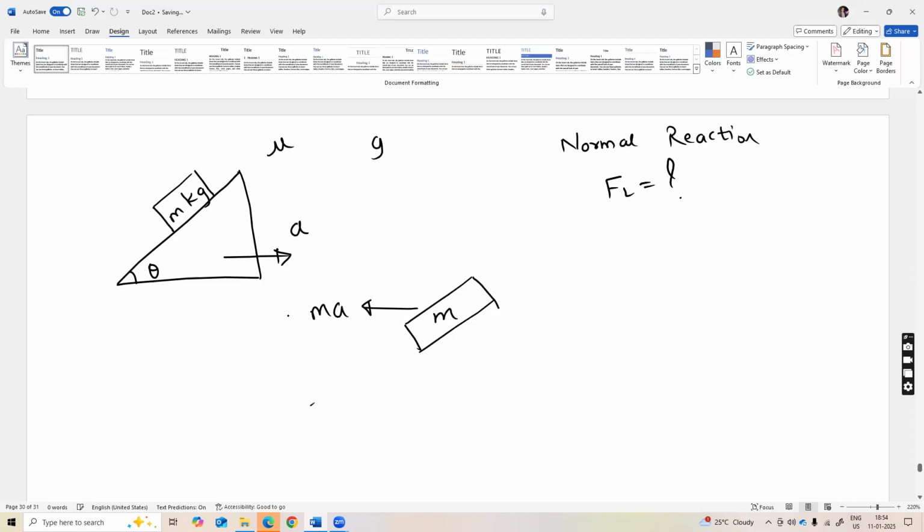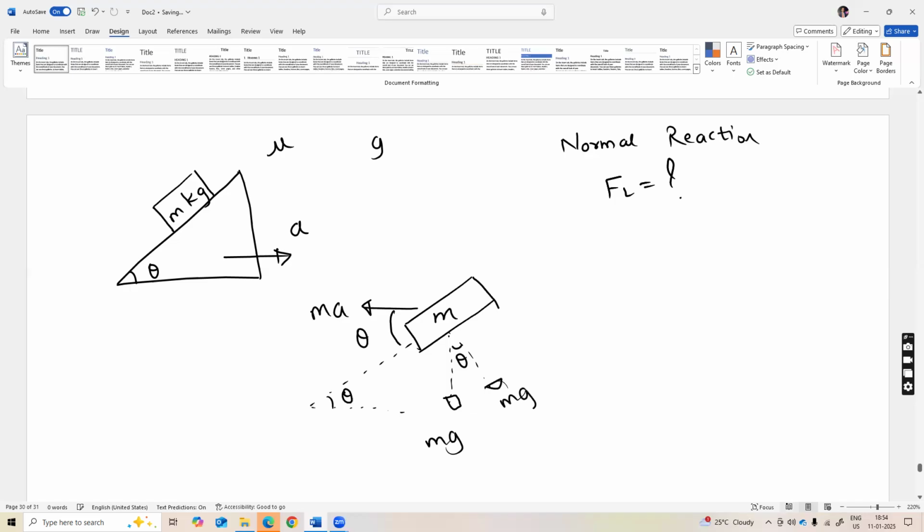Now this angle is given as theta. If this angle is theta, the other angle is also theta. You must be knowing that. Then this angle is also theta, and mg is the weight acting in this direction.